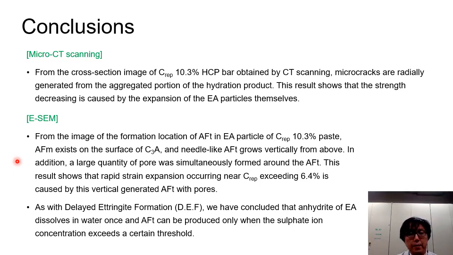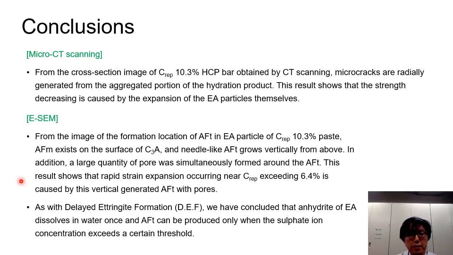From the image of the formation location of ettringite in expansive additive particle of a replacement ratio 10.3% paste, monosulfate exists on the surface of the C3A, and the needle-like ettringite grows vertically from above. In addition, a large quantity of pores was simultaneously formed around the ettringite.